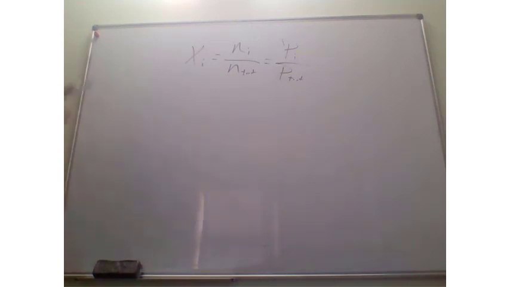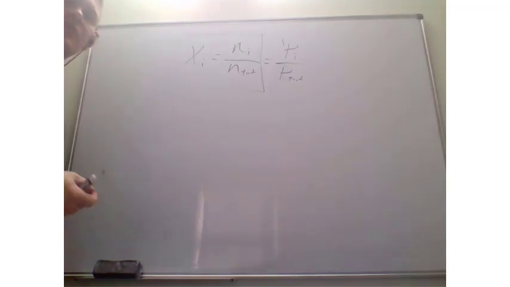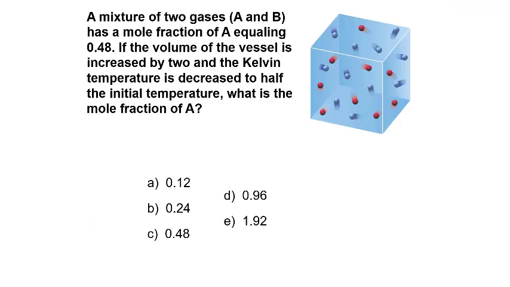No, there's nothing in this equation that has to do with volume or temperature. So you can change the volume, you can change the temperature, and it doesn't change the number of moles of gas in that specific container. So the correct answer here would be C, 0.48. So the mole fraction is unchanged by changing temperature and changing volume.